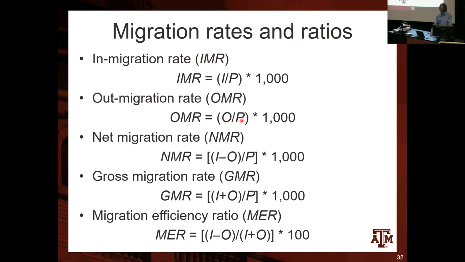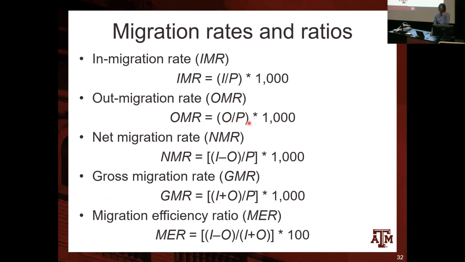The denominator is the population of that area that people left. But I have to go to all these different states and see, oh, people who were living in this area 1 year ago, and now they are living in all these different areas. So this one is more difficult to calculate, but is the most appropriate in demography.